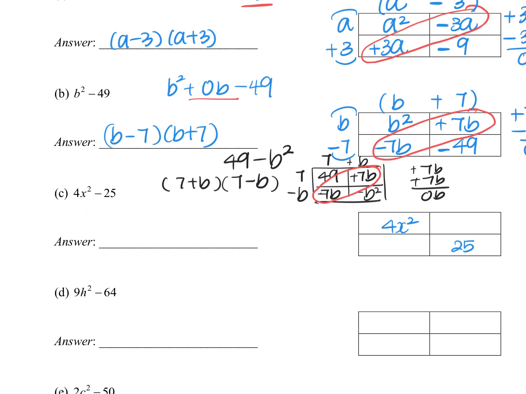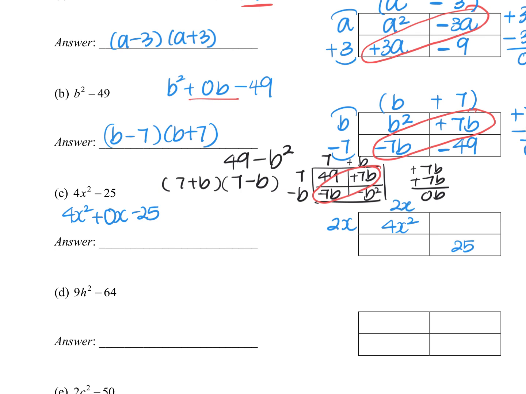So in this case, I'll write this as 4x squared plus 0x minus 25. I still need to make sure my numbers are the same. So I'm going to look at what times what can give me 4x squared. And the numbers must be the same numbers. So that will leave us with 2x times 2x.